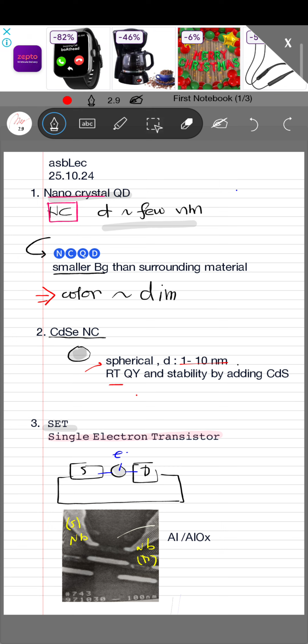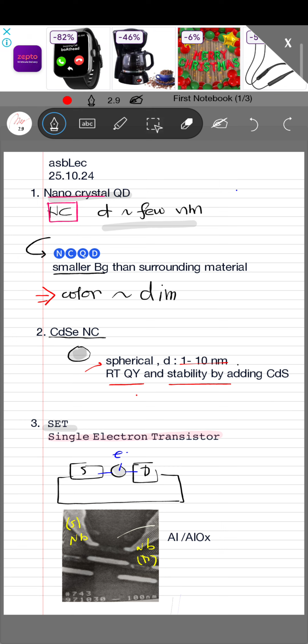The room temperature quantum yield and the photostability of these materials are high, and with cadmium sulfide they go even higher than cadmium selenide. So this is one type of nanocrystal quantum dot.